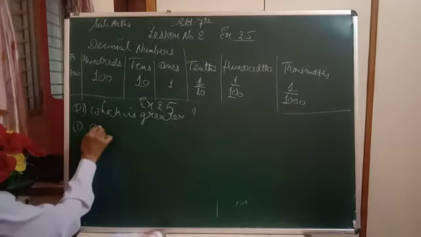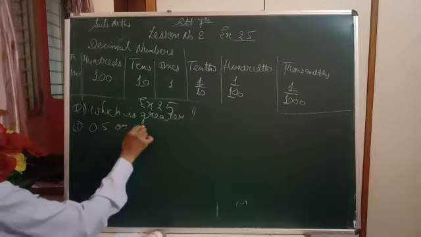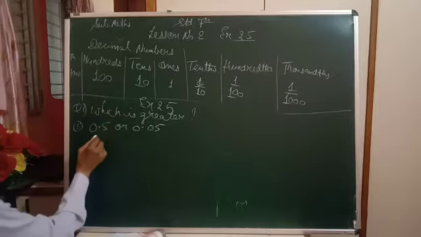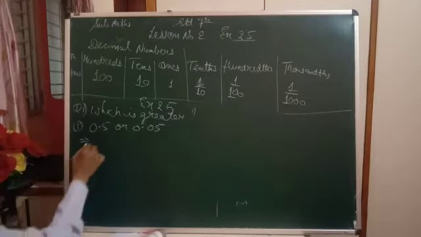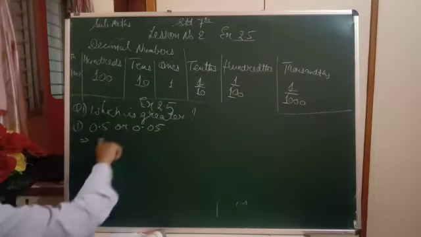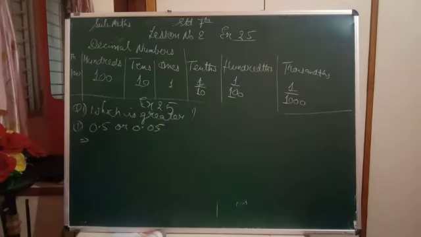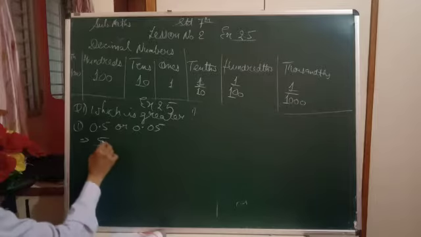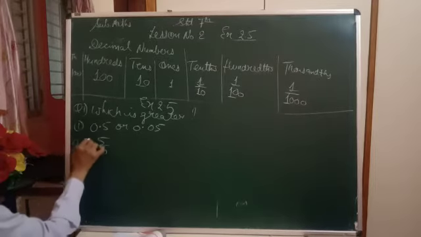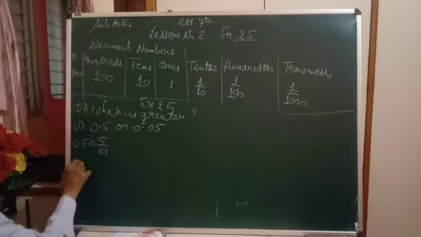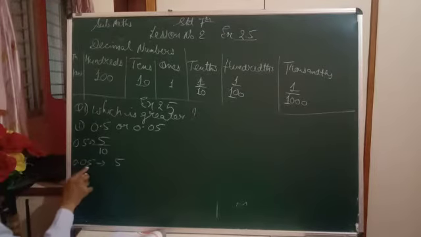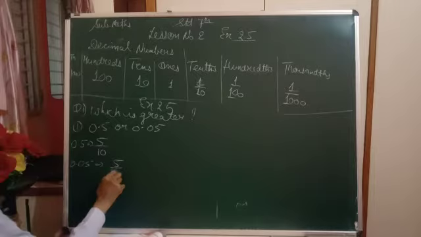Okay, first one, 0.5 or 0.05. See how we can compare it. We have to convert this decimal into proper fraction form. 0.5 can be written as 5 upon 10, and 0.05 can be written as 5 upon 100, since it is at the hundredths place.